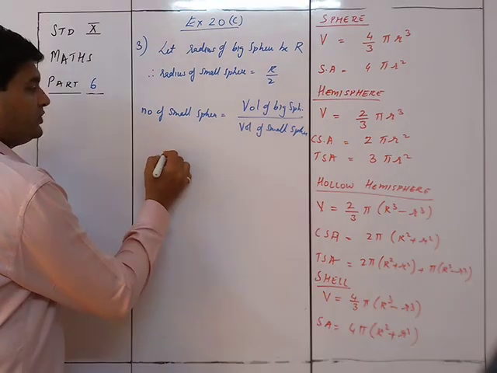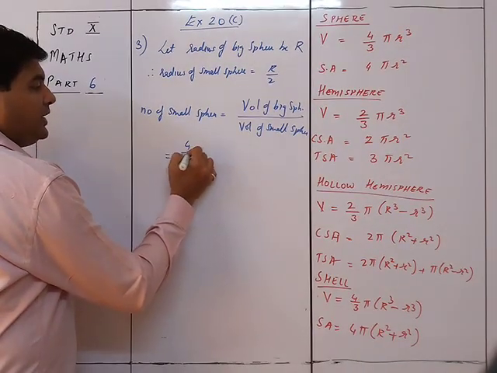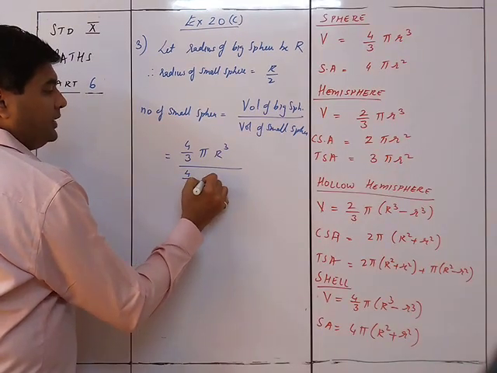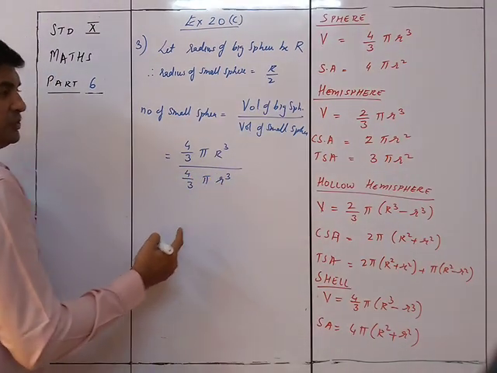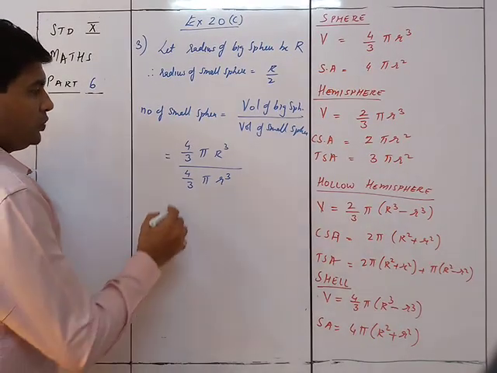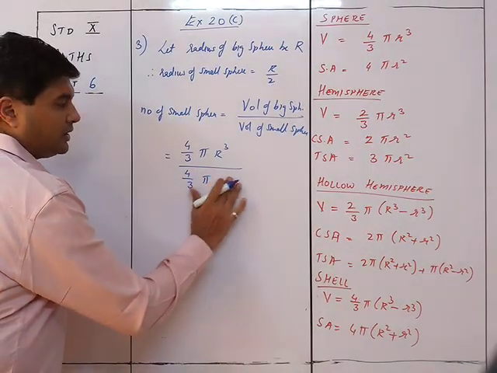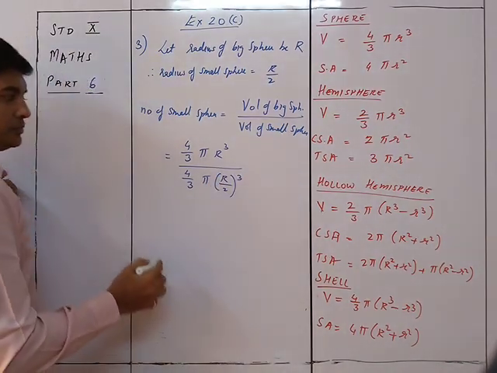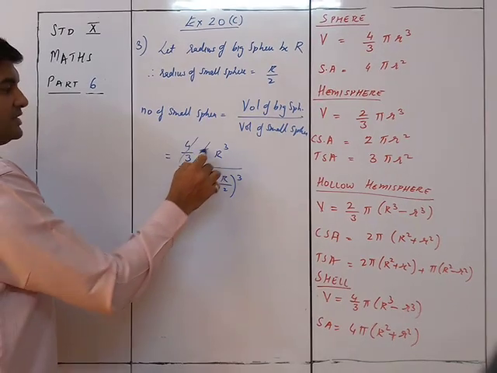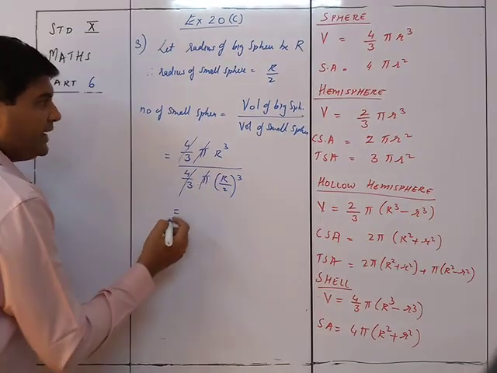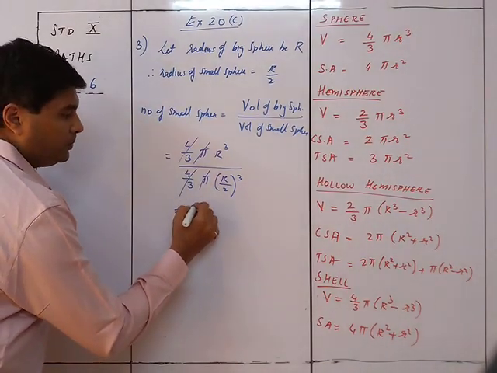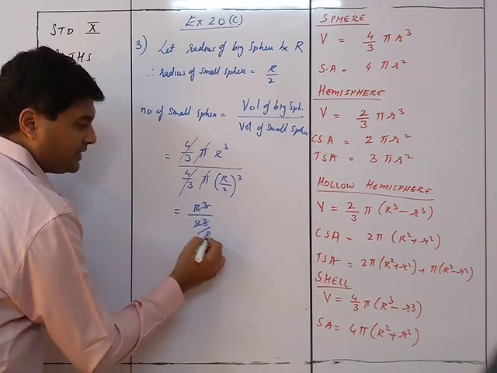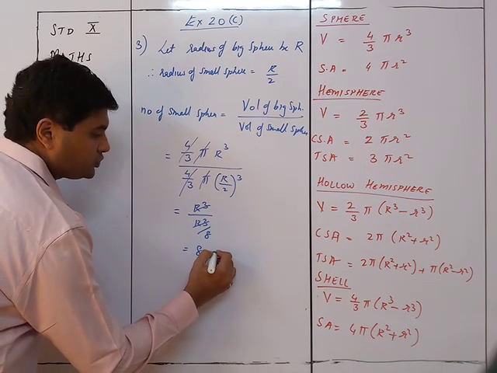So accordingly we will use the formula 4 upon 3 pi r cube upon 4 upon 3 pi r cube, because this is bigger and this is smaller. Here this is already (r upon 2) the whole cube. 4 upon 3 cancels, pi gets cancelled, so we have r cube upon r cube upon 8. r cube is cancelled, 8 comes here, equal to 8 spheres.